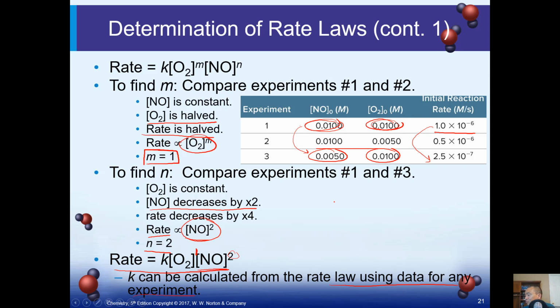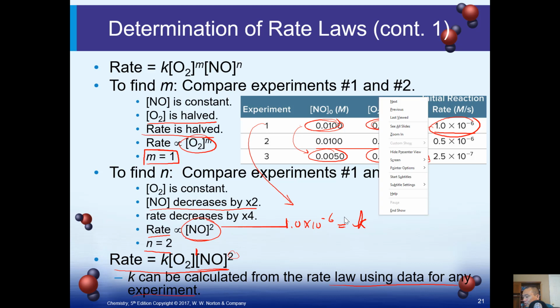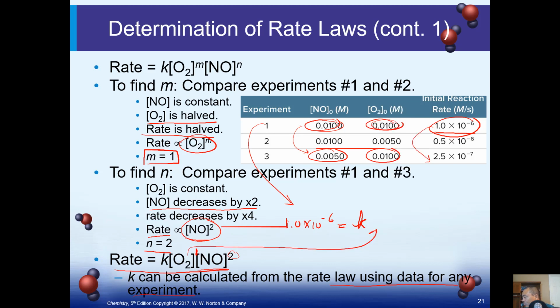For example, if we substitute experiment number 1, the rate for the first experiment is 1.0 times 10 raised to negative 6, which equals K times the concentration of O2.